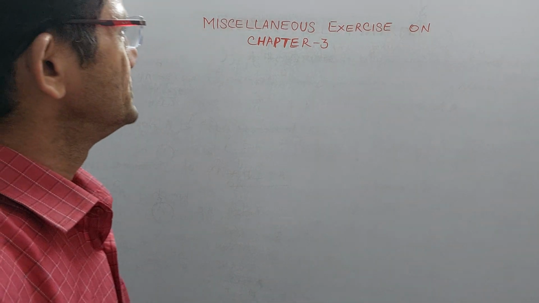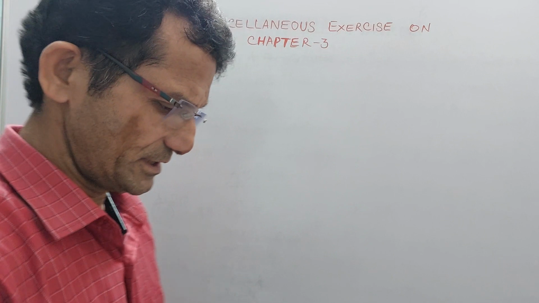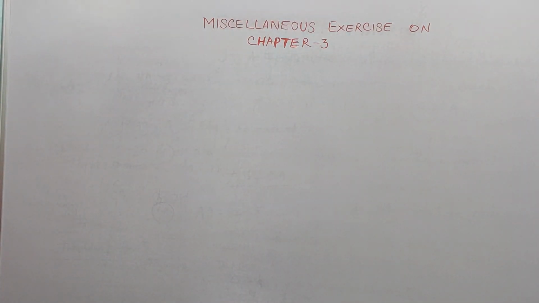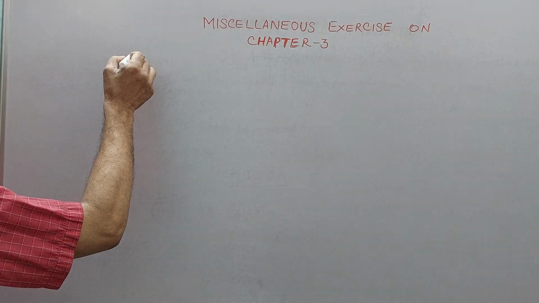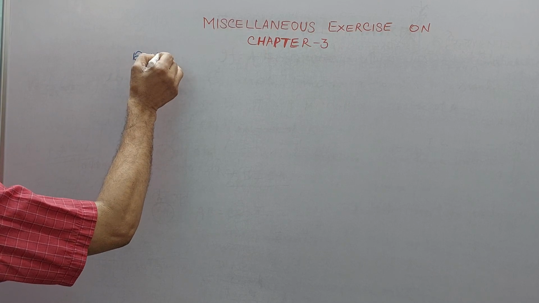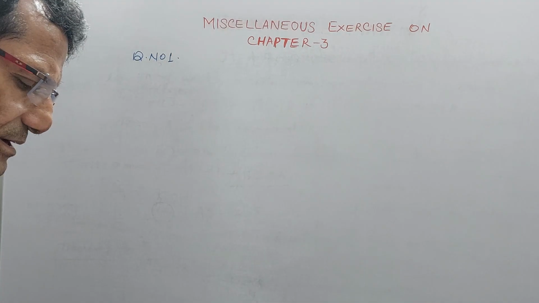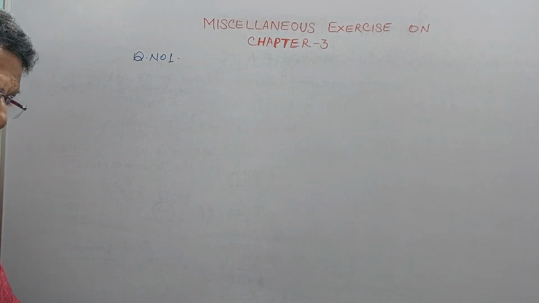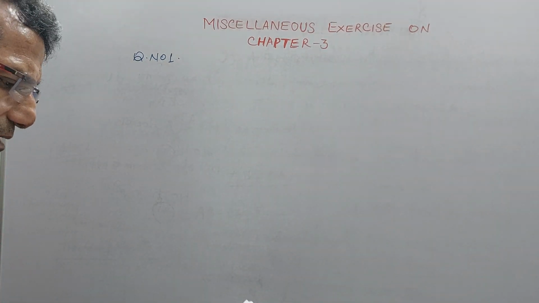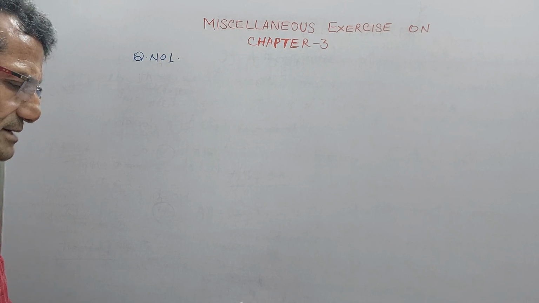This is our miscellaneous exercise on chapter 3. Question number first. If I read this out: if A and B are symmetric matrices, prove that AB minus BA is a skew symmetric matrix.